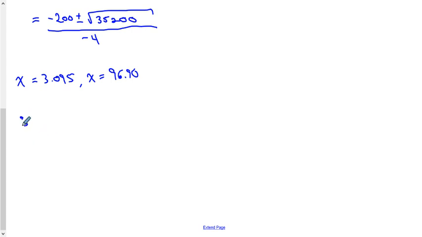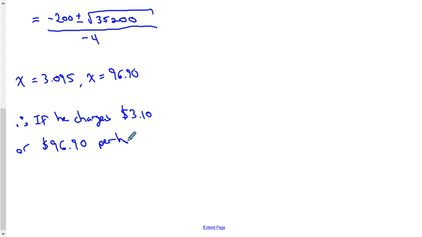So we'll say, okay, therefore, if he charges $3.10, it's our first one rounded off, or $96.90 per hour, he'll break even. Meaning his take-home pay is $0, but he covered his costs.